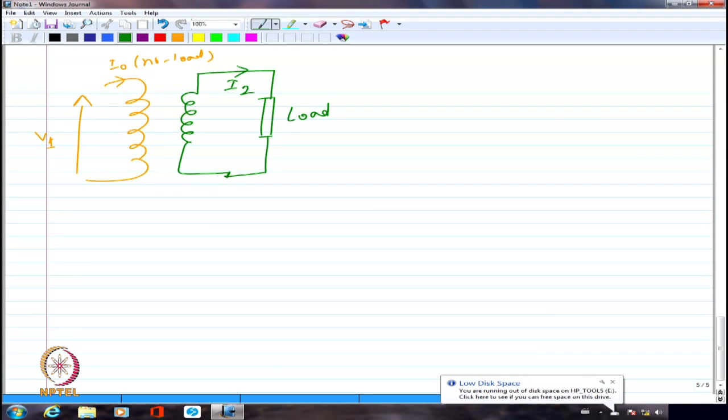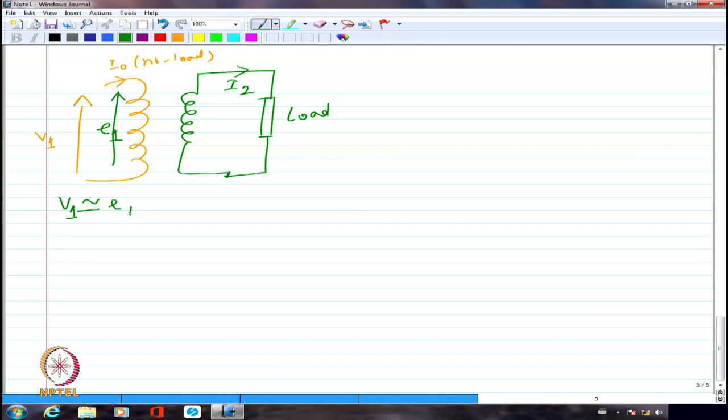So, what will happen is, if the transformer action collapses, if I have V1 and originally I had an induced EMF of E1, V1 was approximately equal to E1, assuming that the resistance is hardly anything within the transformer winding.